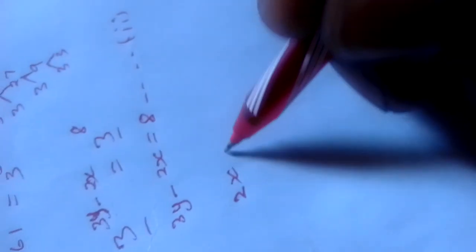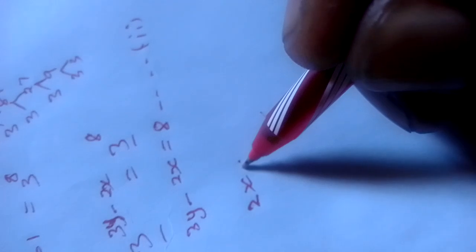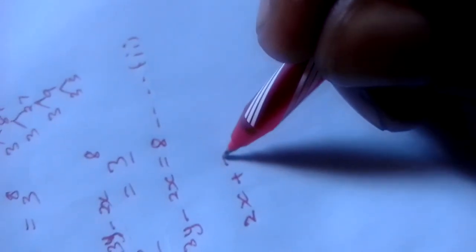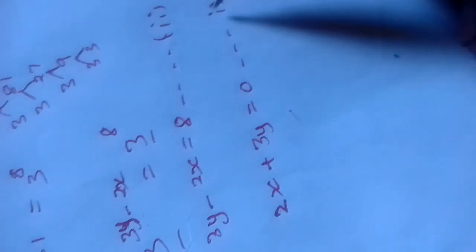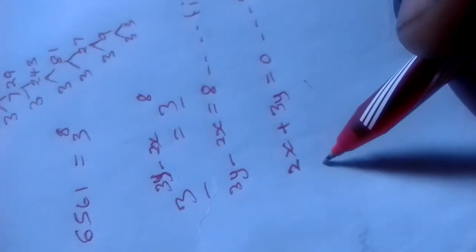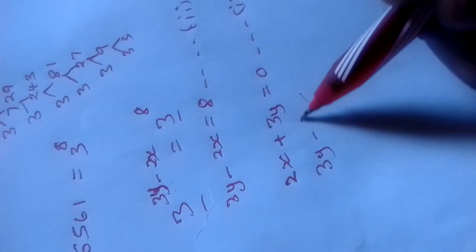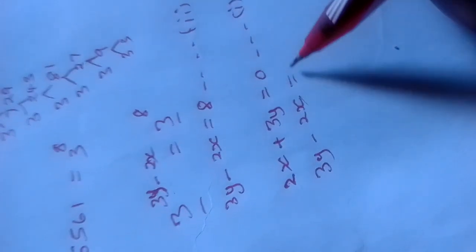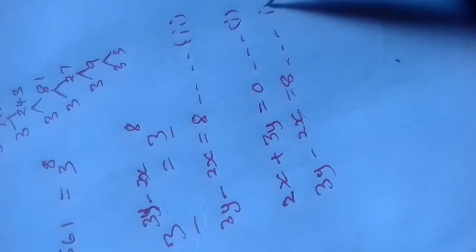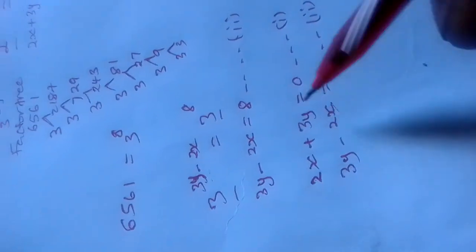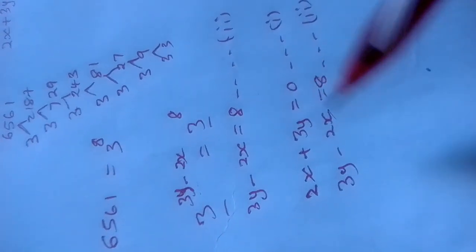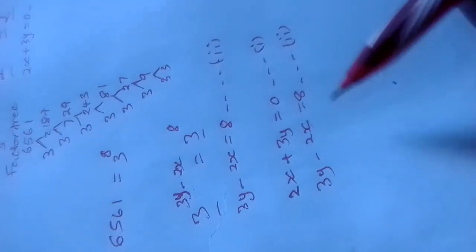So we can rewrite our equation 1, 2x plus 3y equal to 0. Then equation 2, 3y minus 2x is equal to 8. So we are ready to solve this simultaneous equation. Looking at the numbers here, we can see 3y here and 3y here.